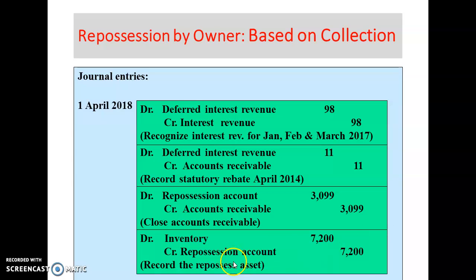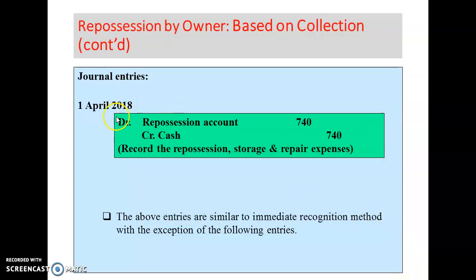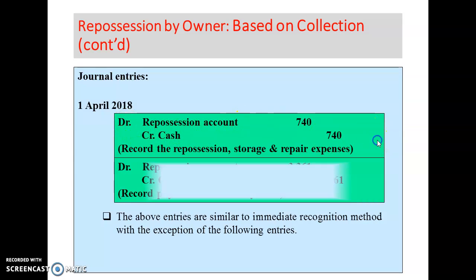And then you record the repossessed asset at fair value minus selling cost of 7,200. Debit inventory, credit repossession account, still the same. Then you record the repossession cost, storage and repair cost of 750. Credit cash, debit repossession account, still the same.